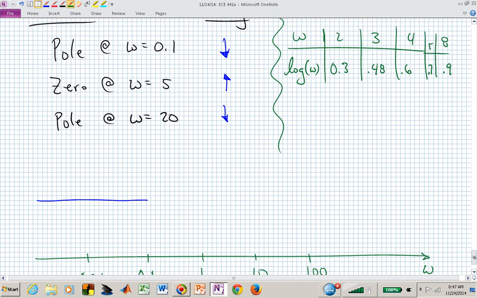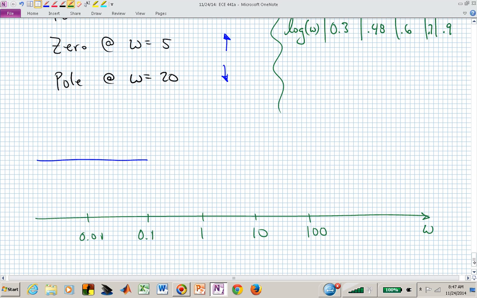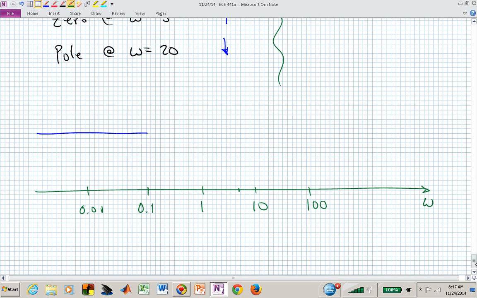Those give us the relative spacing, so that now we have a zero occurring at 5, which is between 1 and 10, but on this log scale, which I usually just label as omega, we're now 70% of the distance between 1 and 10, because log of 5 is 0.7, roughly. So now we can go over here to 0.7, and at that particular point, what do I know?